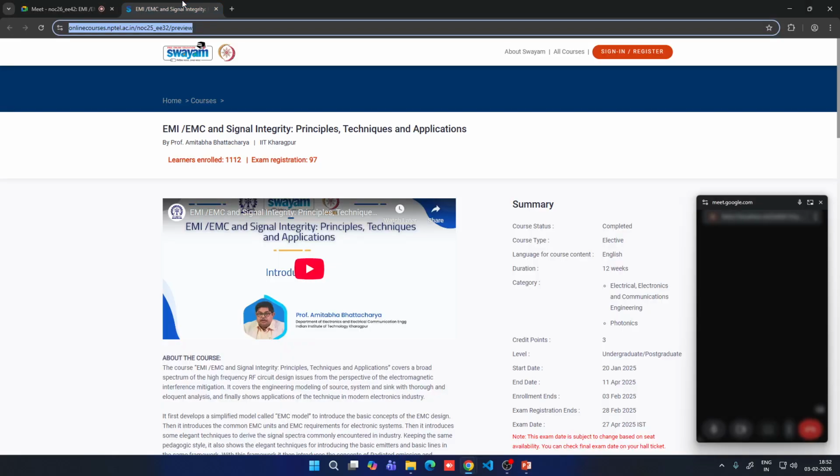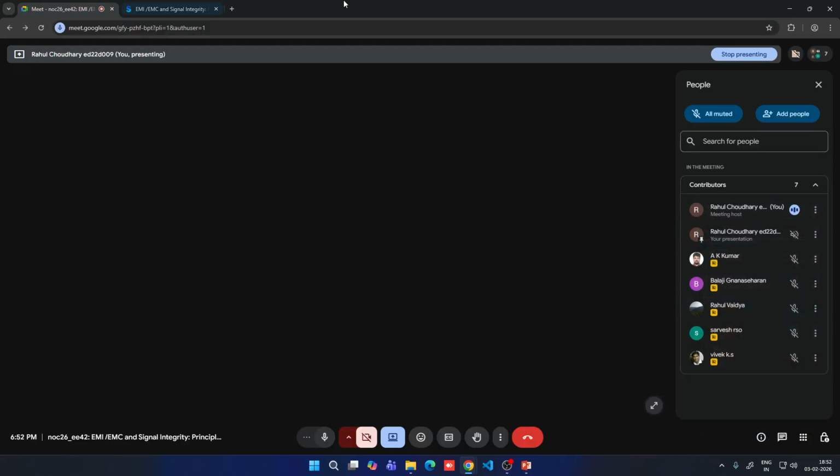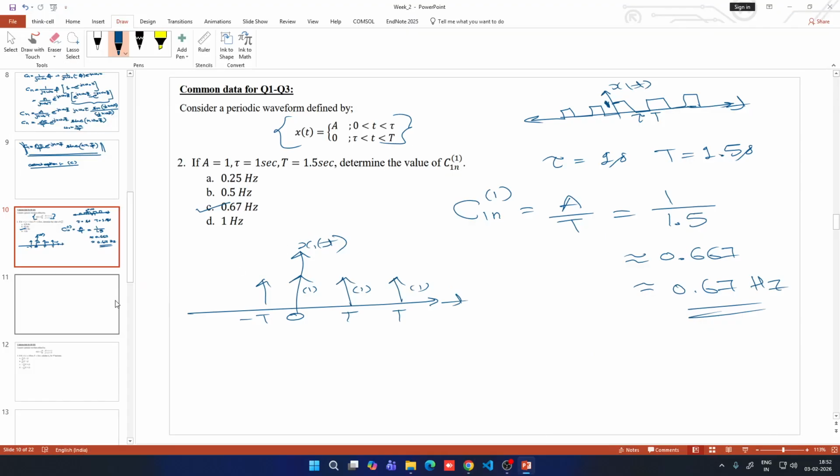I will show you how it looks once we solve all the problems. But I hope this problem is clear, right? I'm just going slowly because it's easier for you to understand, and you can also have pen and paper with you and solve along with me. The correct option is C.